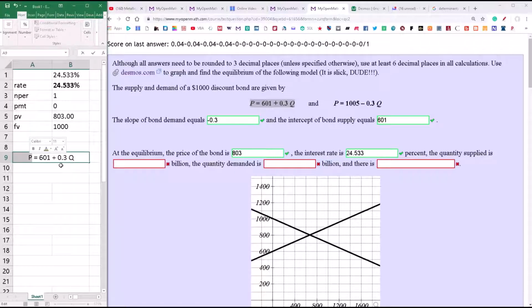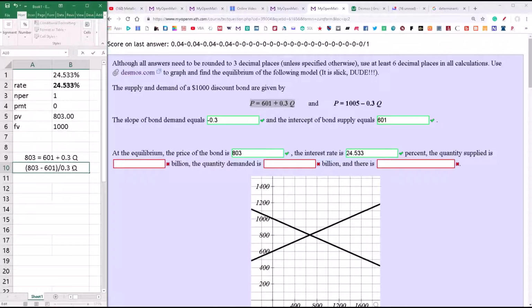Okay, so the price is 803, correct? And I can solve this for Q. I just subtract the 601 from both sides, and then I divide by the slope.